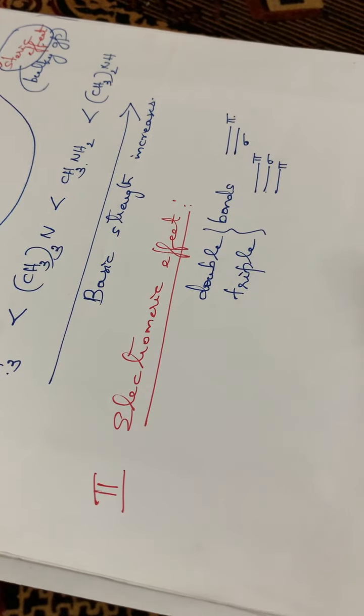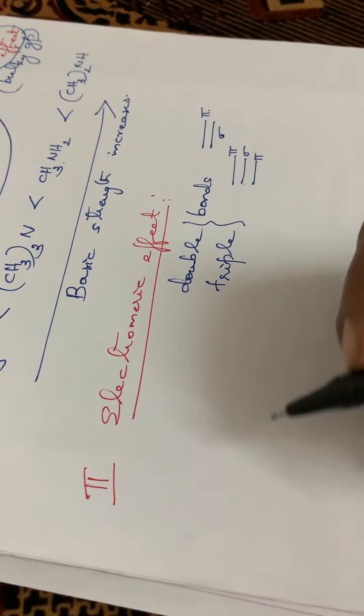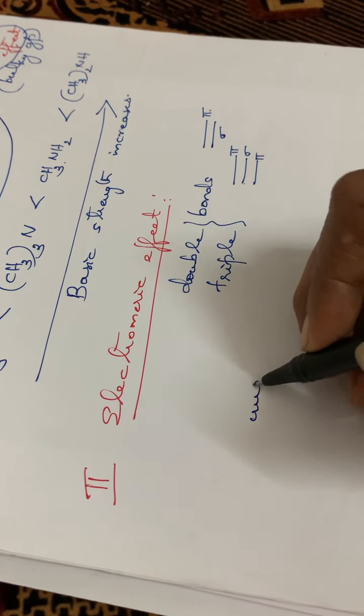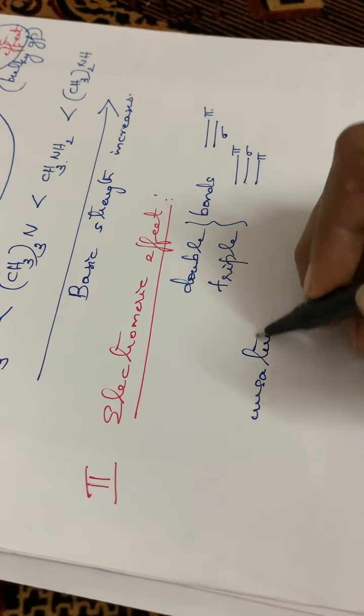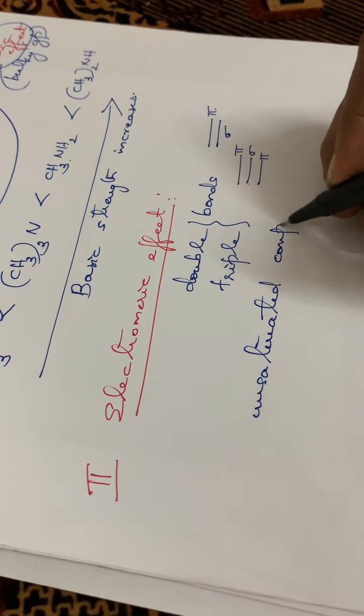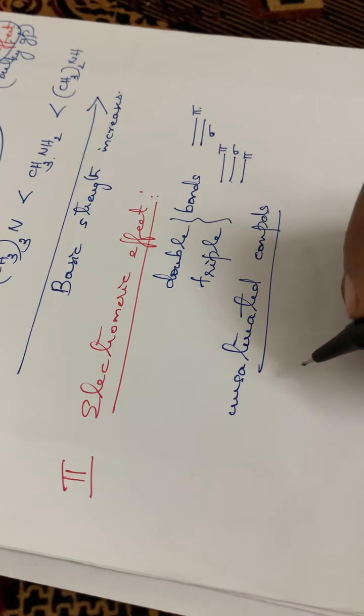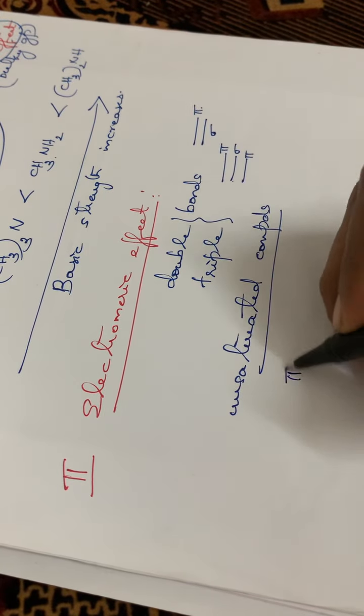So in the case of double bonded or triple bonded compounds, that means unsaturated compounds, this effect takes place. Normally the pi electrons will be polarizable.